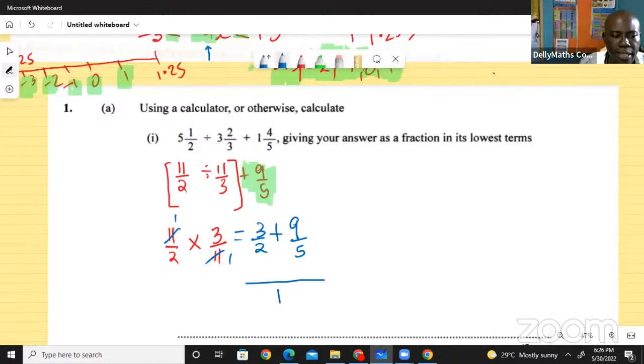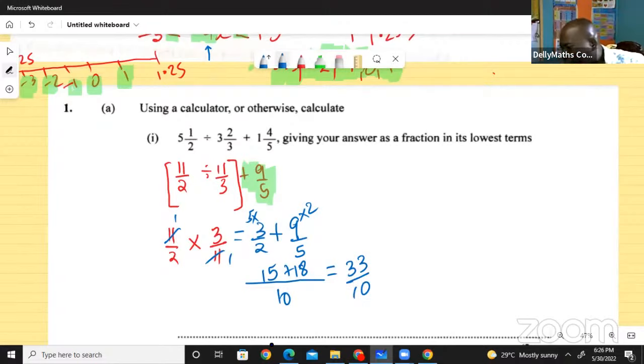So the LCM is 10. 2 into 10 is 5. 5 times 3, 15. 5 into 10 is 2. 2 times 9, 18. 15 plus 18 is 33 over 10. All right, everybody double check quickly. I'm getting 33 over 10.